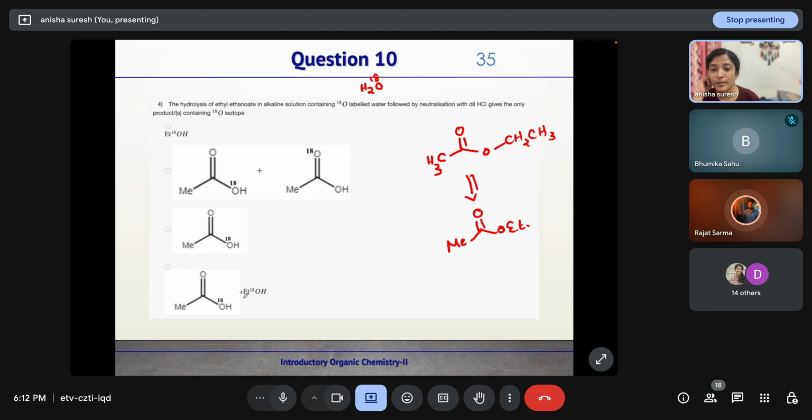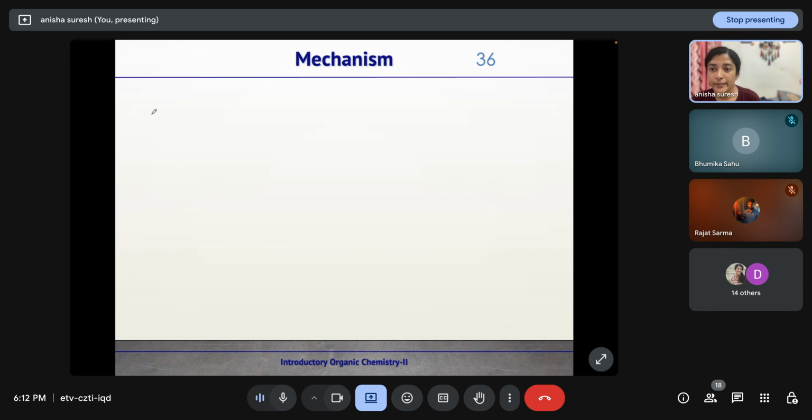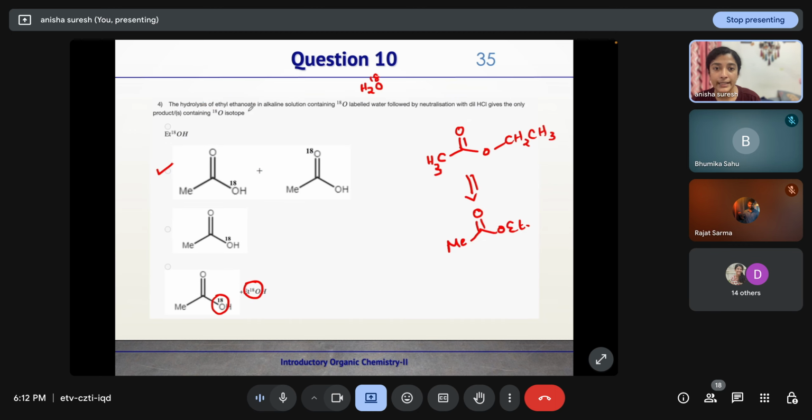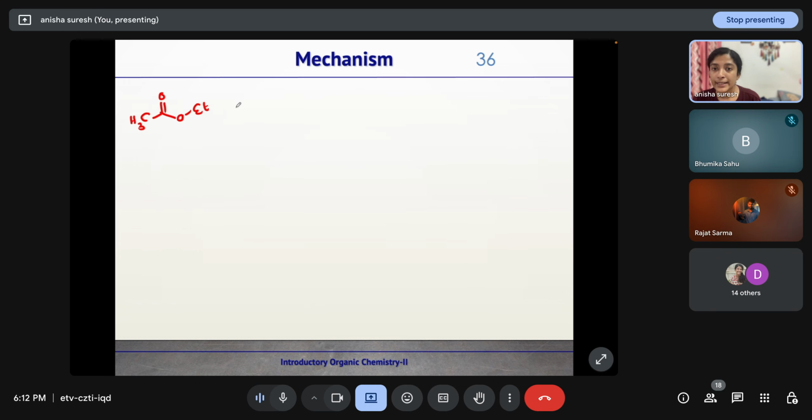Because both will be having it. Okay, so option B will be the right answer, and we will see the mechanism for that. So we are having ethyl ethanoate, and they have told it is an alkaline medium with O18 labeled water. So in alkaline medium, what will happen?